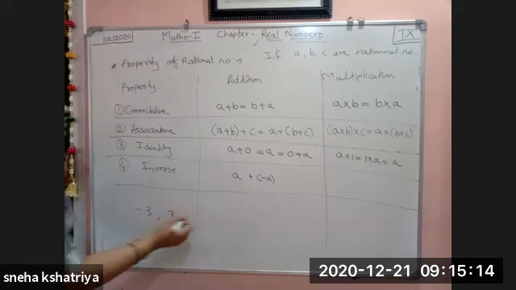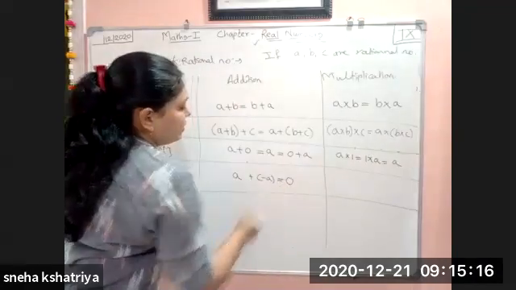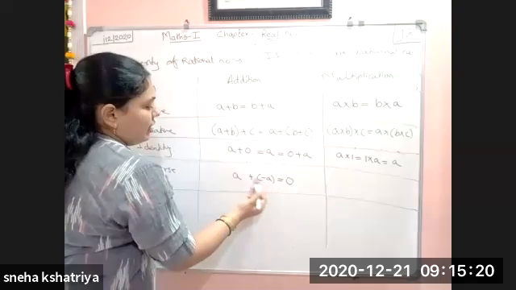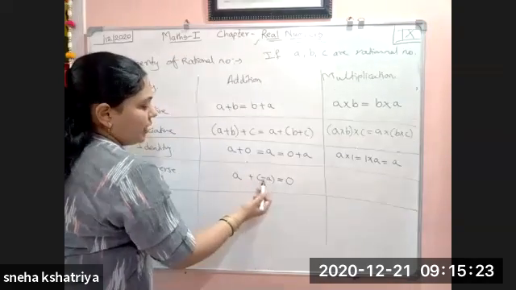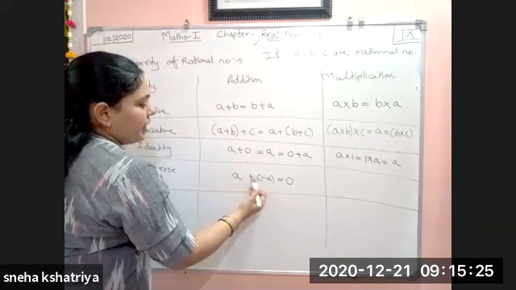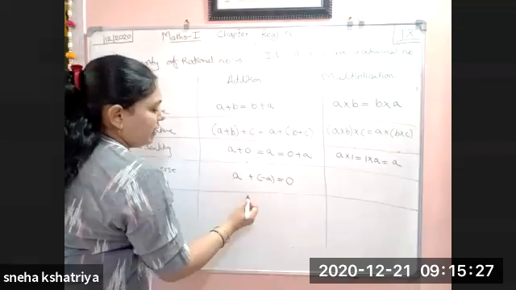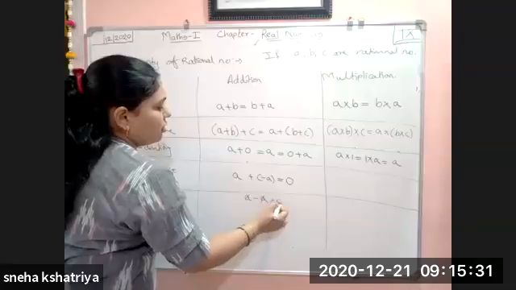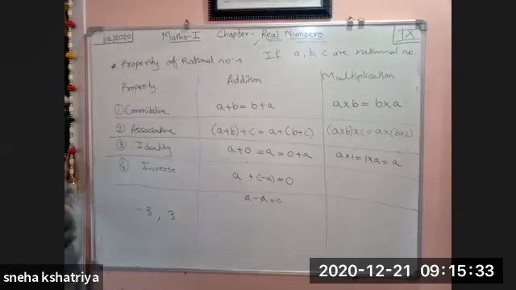Then their addition will be 0, because we know that in the addition and multiplication rules, if there is multiplication between plus and minus, we get a minus sign. So we get A minus A, and A minus A is 0. Plus A and minus A get cancelled, we get 0. So this is your inverse.